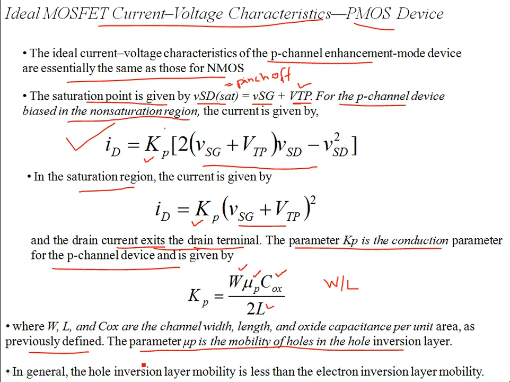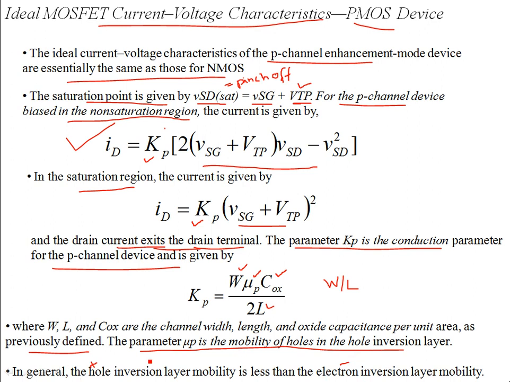Note that the hole inversion layer mobility, due to the positive charge holes, is less than the electron inversion layer mobility. Electrons have smaller mass as compared to the holes, so less force is required to mobilize electrons.